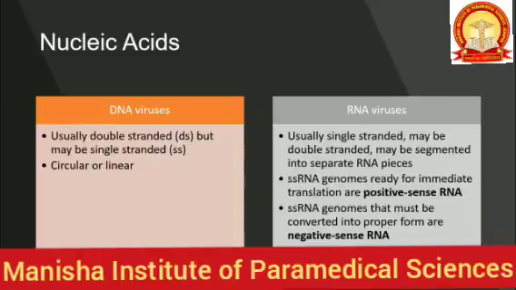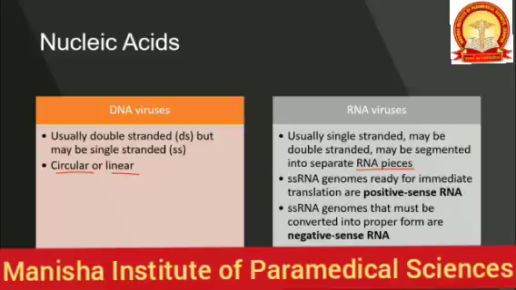Now, if we compare two different types of virus, DNA viruses are usually double-stranded but may be single-stranded. The DNA can be either circular or linear. We will talk about examples later. RNA viruses are obviously single-stranded, maybe double-stranded, maybe segmented into separate RNA pieces.